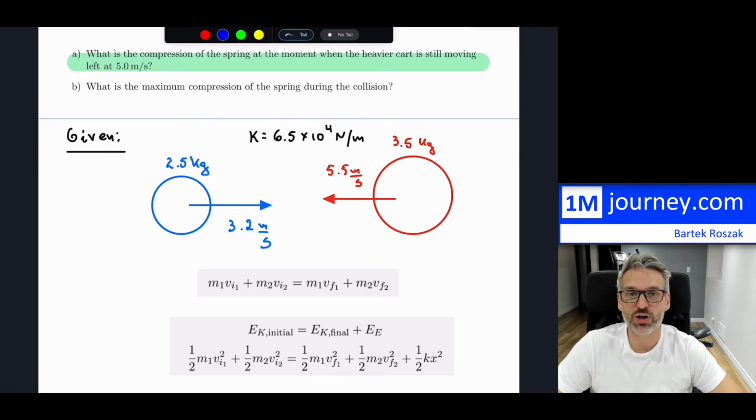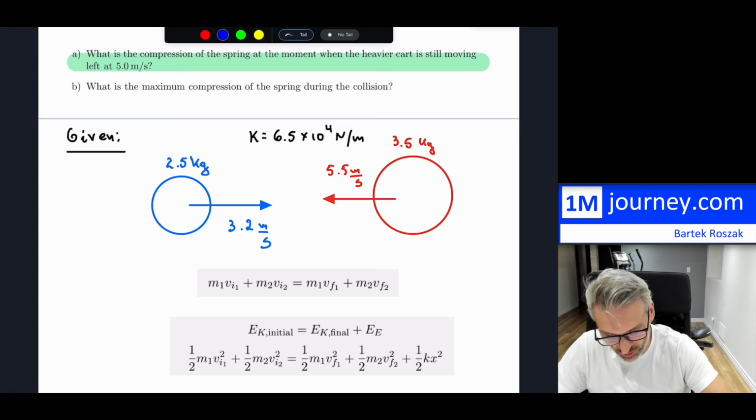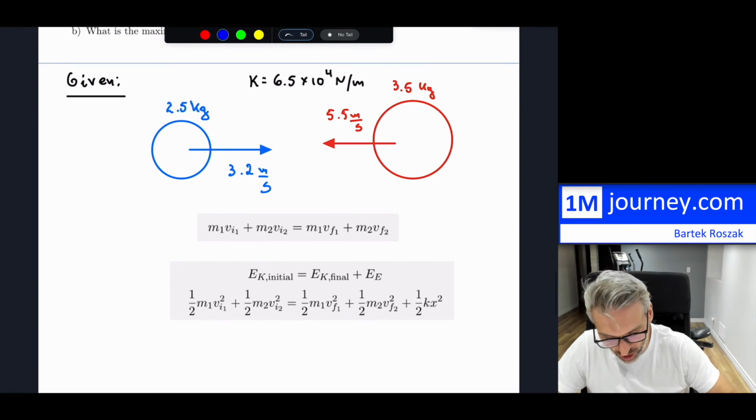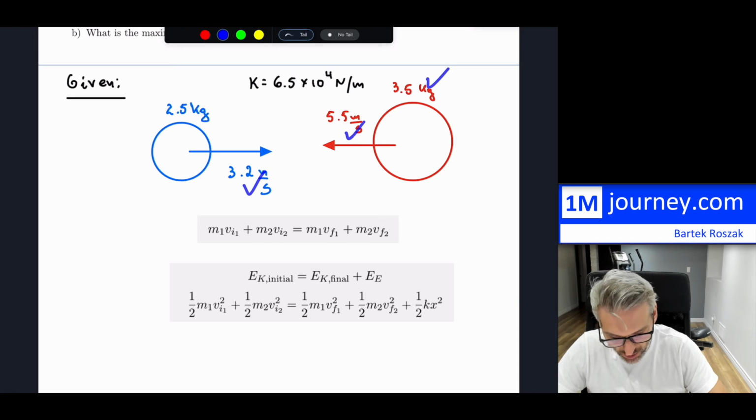In order to solve these styles of questions, don't forget that the conservation of momentum always holds. So you can use that whenever you are missing some piece of information. Let's say what we do have. We have all our initial information: the initial masses and the initial speeds. We have the k right here.